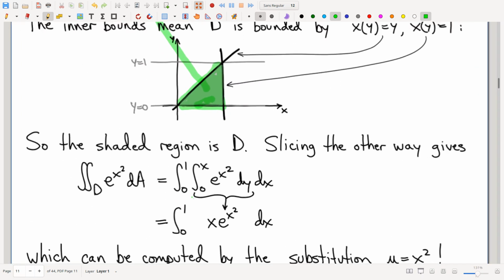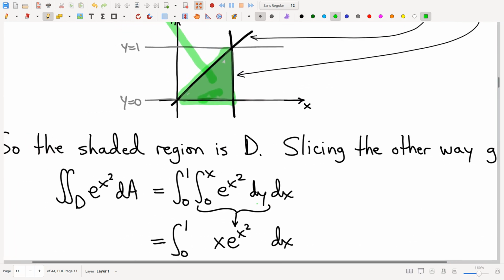That double integral over that domain, you can reslice in the other direction. You do your x slicing on the outside, 0 to 1. You then, for a given value of x, notice that y now goes from 0 to x.